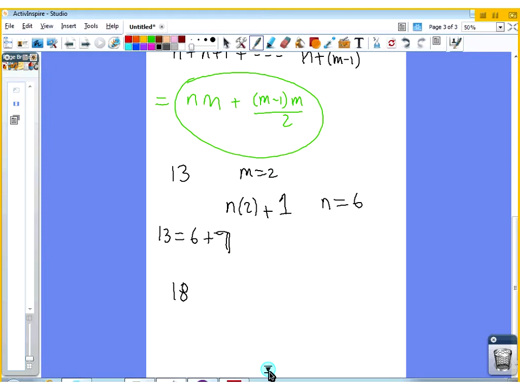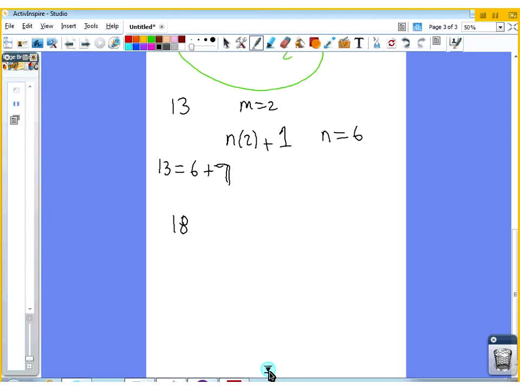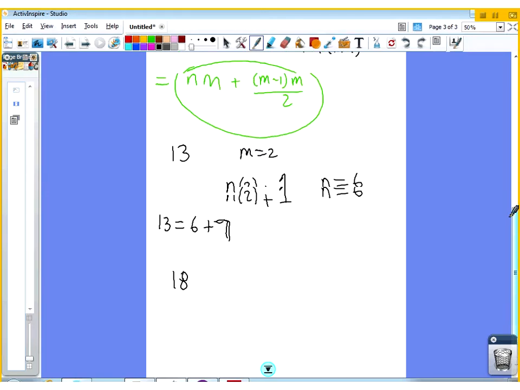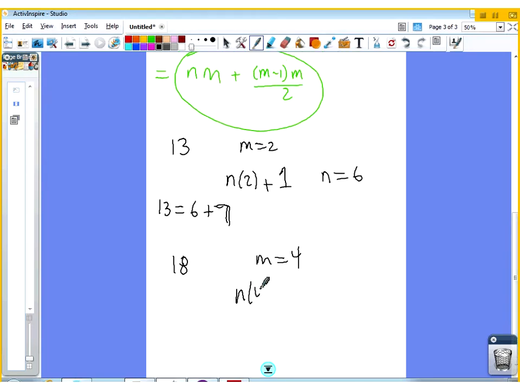Okay. What about 18? Did you write 18 as the sum of 3 consecutive numbers? Okay, well, you could do 4 as well. Let's do 4. So let's say m is 4 here, right? If we plug it into this formula, we get n times 4 plus 4 minus 1, which is 3, times 4, is 12, divided by 2 is 6, right?